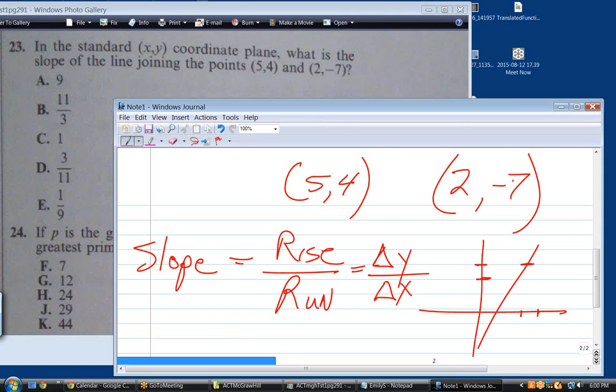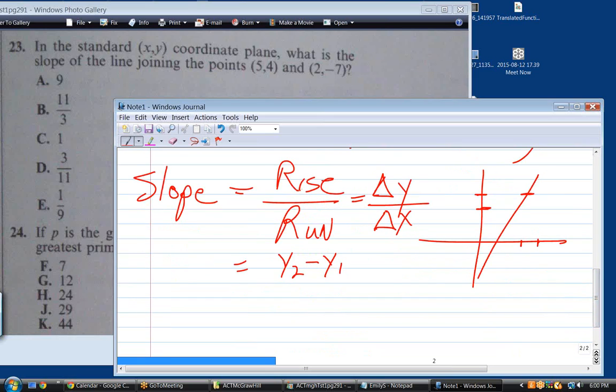Or I can write that in the more conventional but harder to remember form, y sub 2 minus y sub 1 divided by x sub 2 minus x sub 1. Now, do you get all of that? In other words, this is x sub 1, this is x sub 2, this is y sub 1, this is y sub 2.